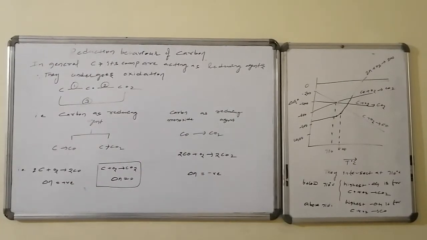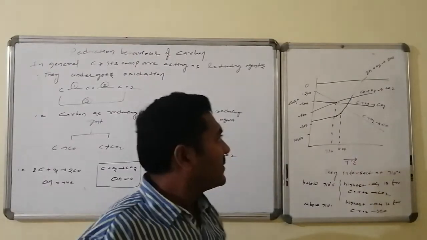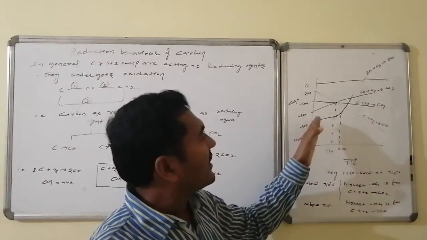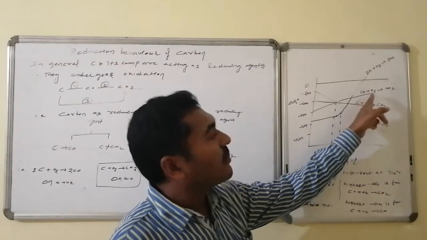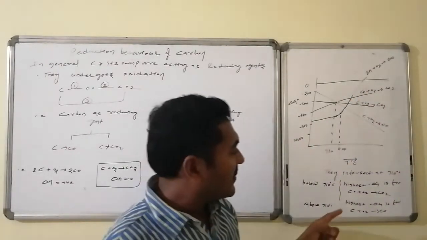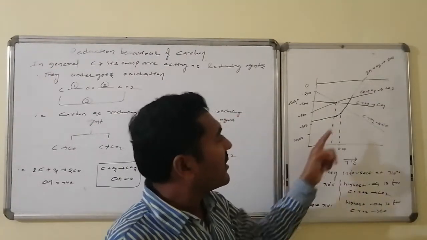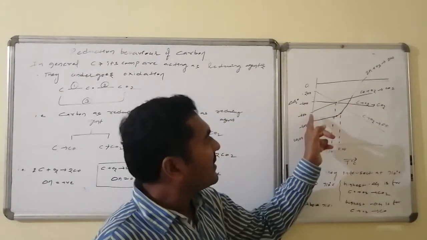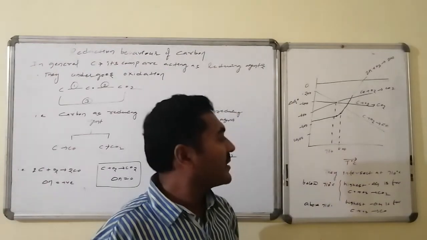These lines related to carbon reduction intersect at a temperature of 710 degrees centigrade. Below 710 degrees centigrade, in this particular portion, the highest delta G is associated with carbon monoxide combining with oxygen to form carbon dioxide. Hence carbon monoxide is acting as the best reducing agent.